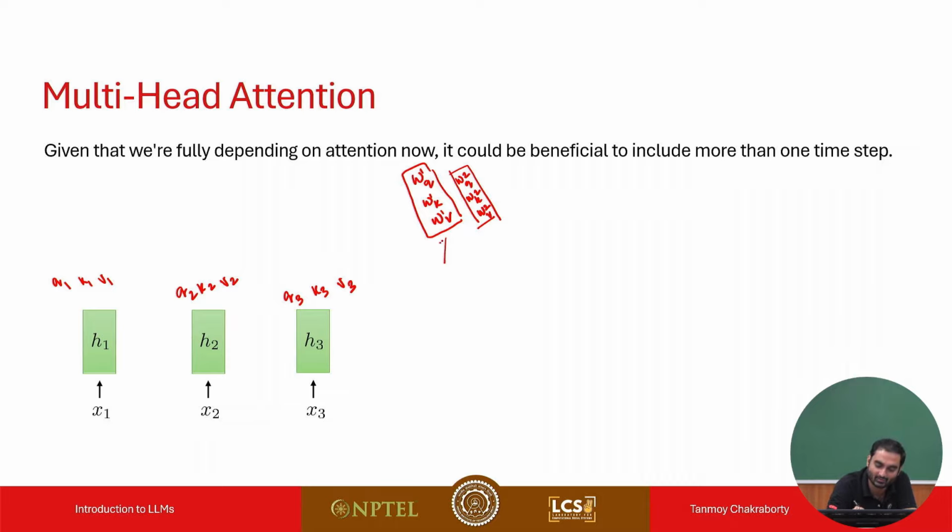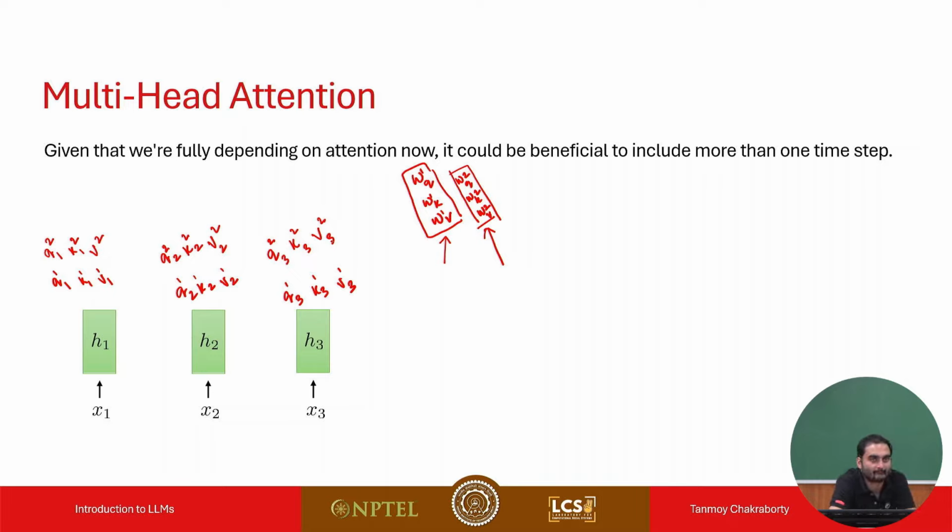From the first set of parameter matrices we obtained Q11, K11, V11. The superscript indicates the different attention head. Using the second set we obtain another set of vectors Q12, K12, V12, then Q22, K22, V22 and Q23, K23, V23.